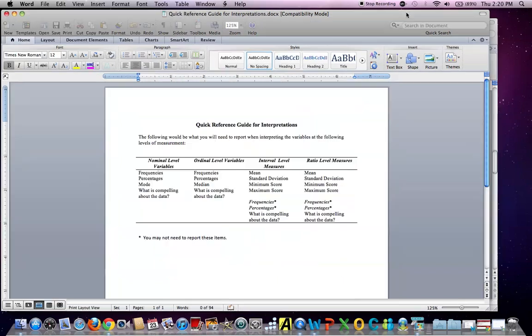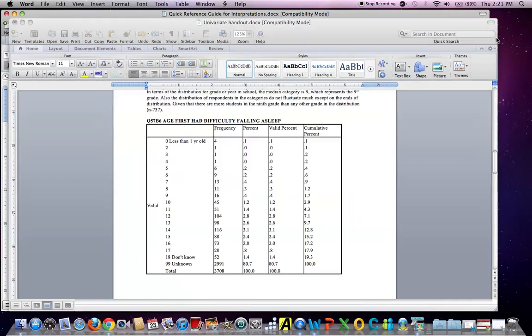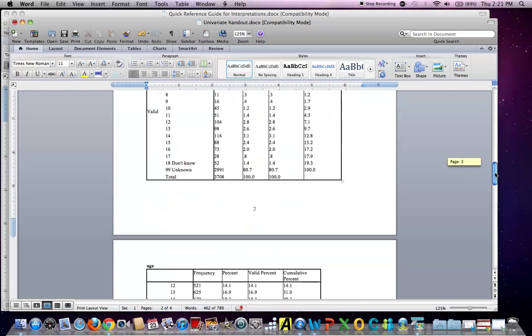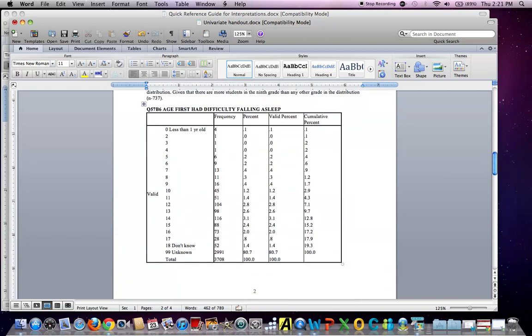Given that, let's go back to our quick reference guide. We'll interpret the mean, the standard deviation, minimum and maximum score, the distribution, and then potentially percentages and frequencies depending on how much needs to be said about the distribution.